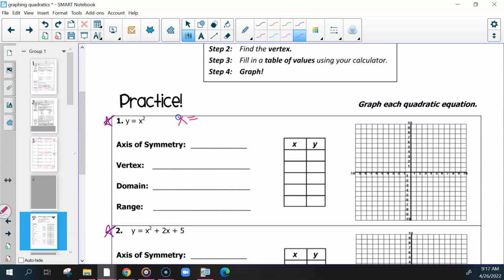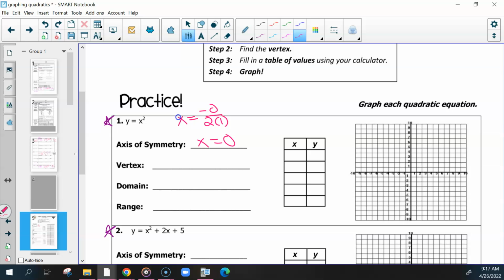Not 0 over 0, but, and your axis of symmetry would be what? 0. You don't have a b value, so your b was 0, so this will still be 0.